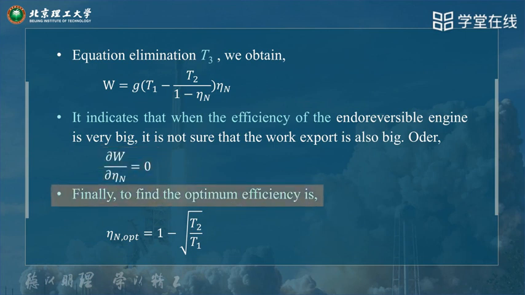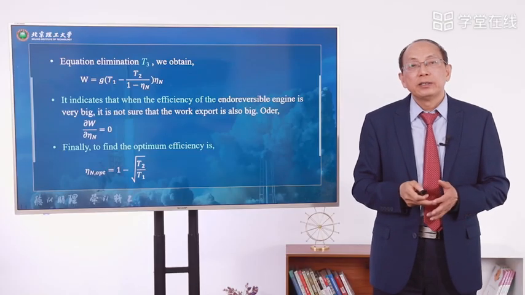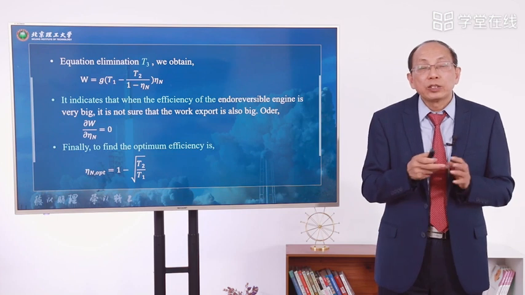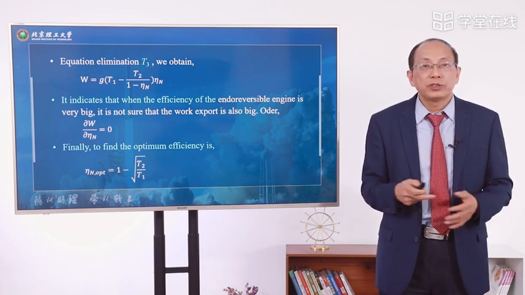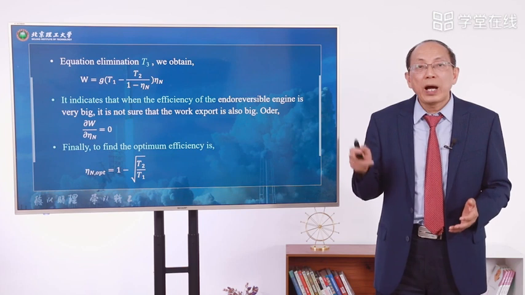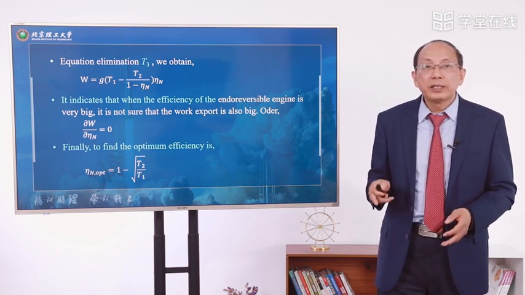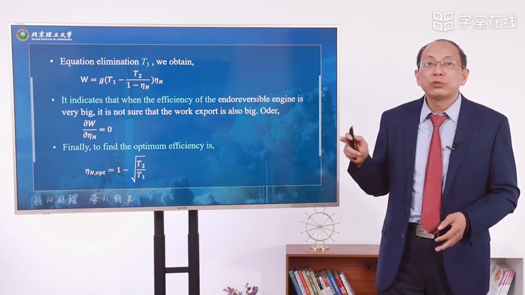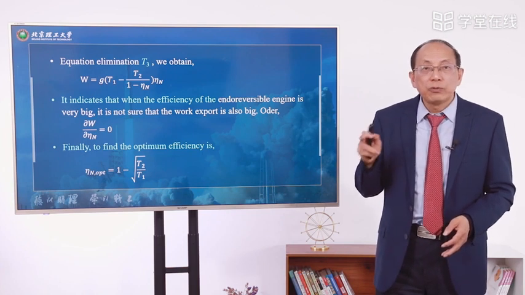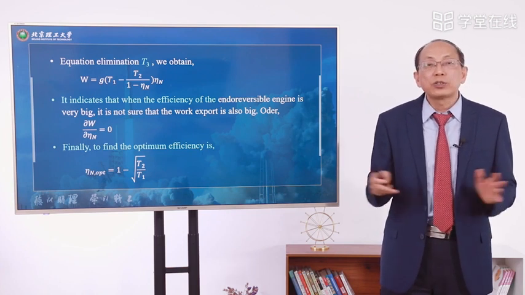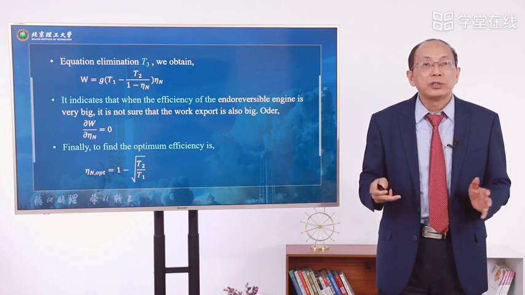Finally, we obtain the optimal efficiency eta N optimal equals 1 minus root of T2 over T1. You can find it is not the same as the Carnot efficiency. Carnot efficiency is 1 minus T2 over T1, but here it is 1 minus root of T2 over T1.